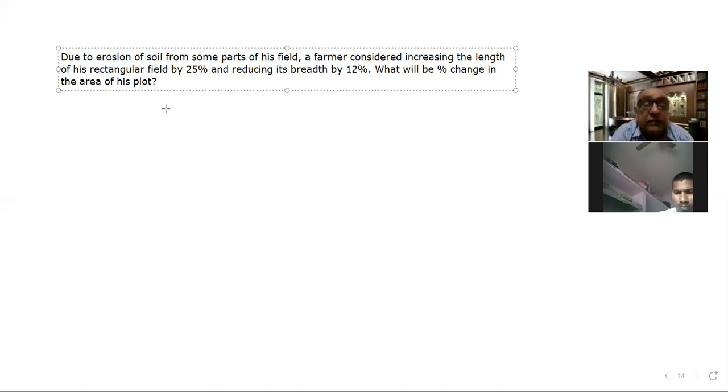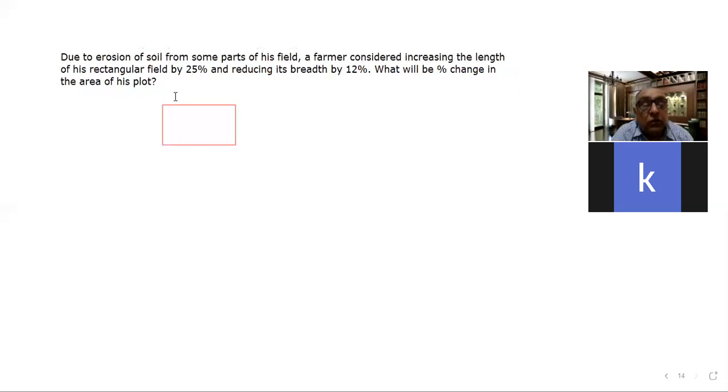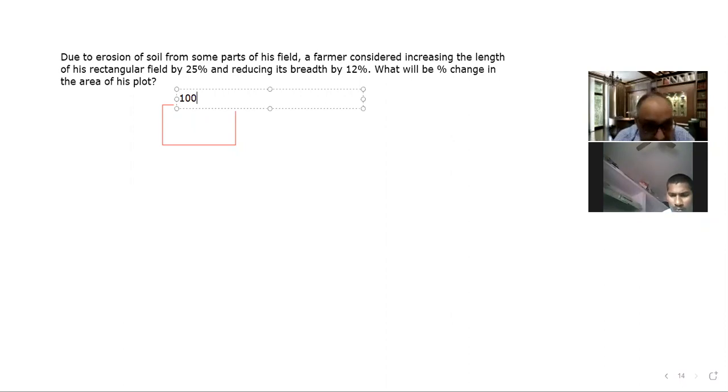One way of solving is this: let's suppose the previous length of the plot was 100 and the breadth was 50.